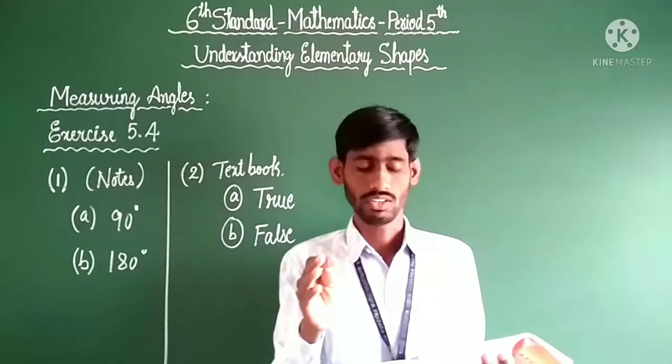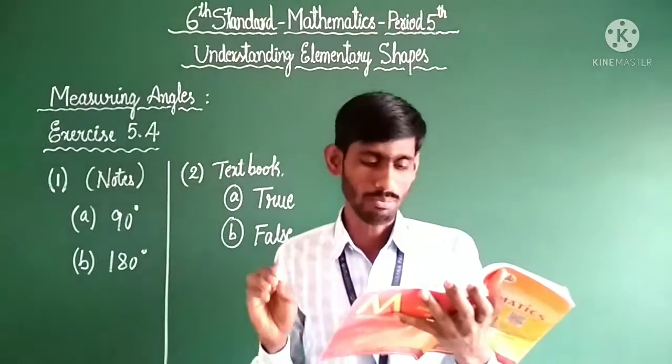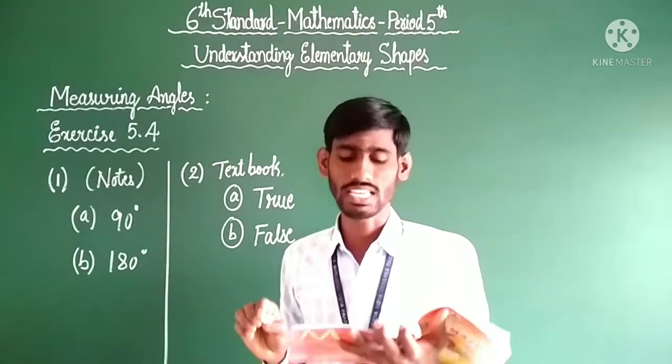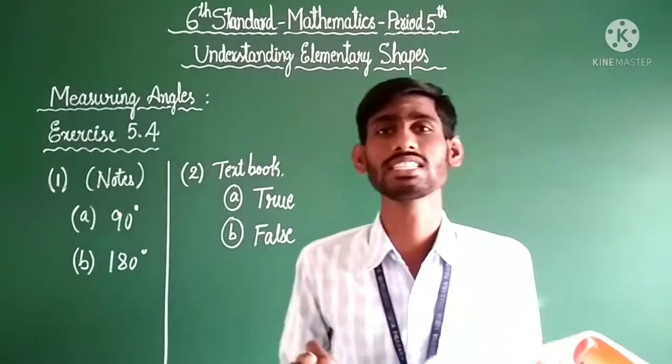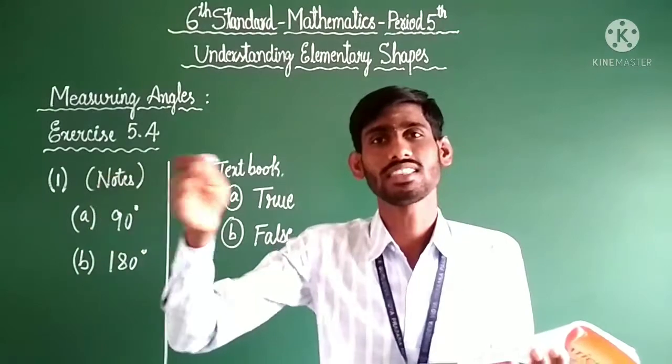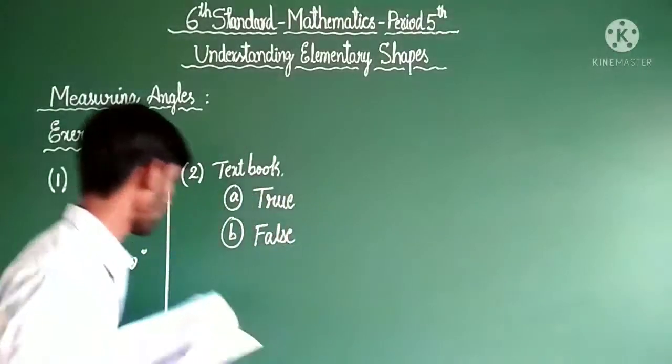Yes. Third subquestion. The measure of a reflex angle is greater than 90 degree. Yes, any angle greater than 90 degree and less than 360 degree is called a reflex angle.